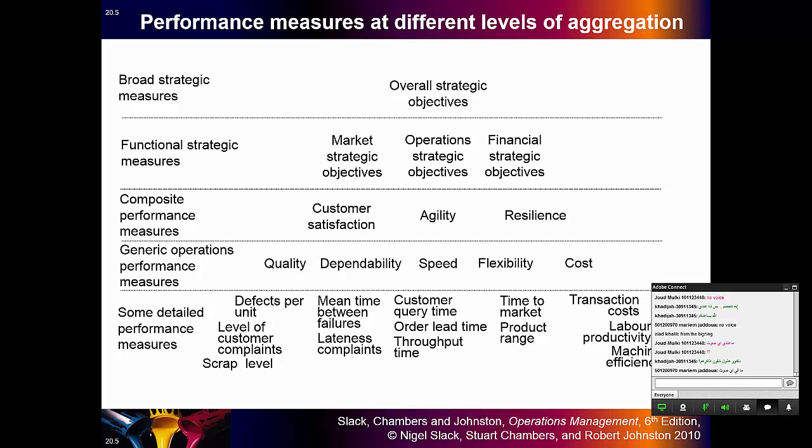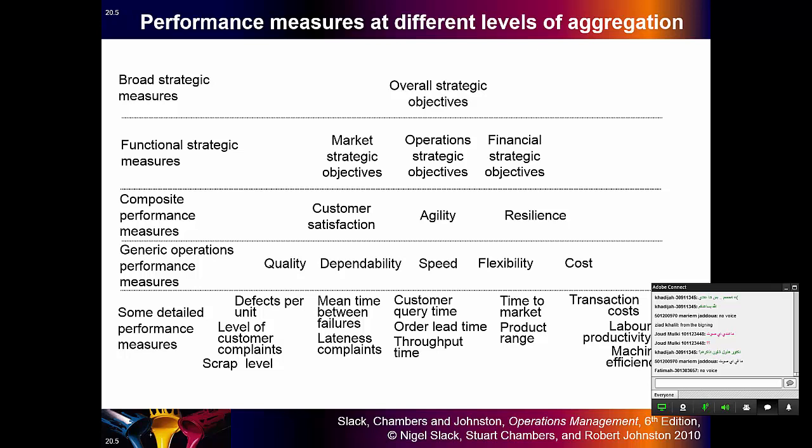Okay, the next generic performance measure, which is the dependability. We can measure the dependability, okay, by, for example, the mean time between failures. If we have a lot of failures in the operations, that means our products are not dependable. Okay, or for example, if our final products had a lot of failures with the customers, that means our products are not dependable.